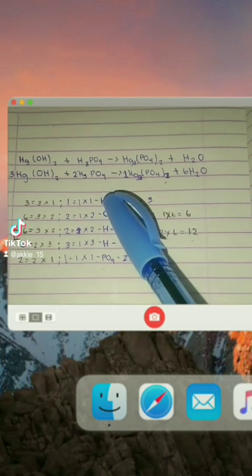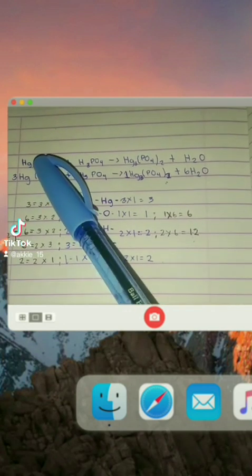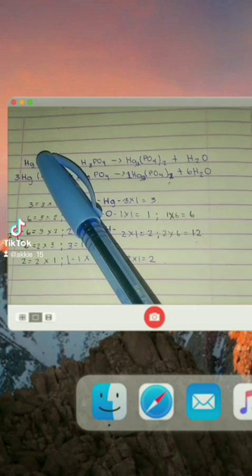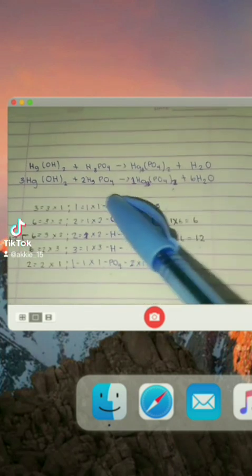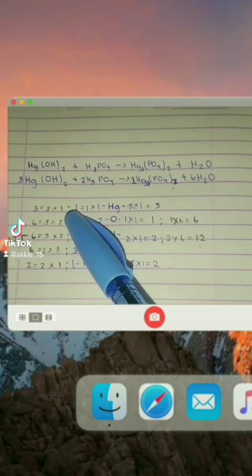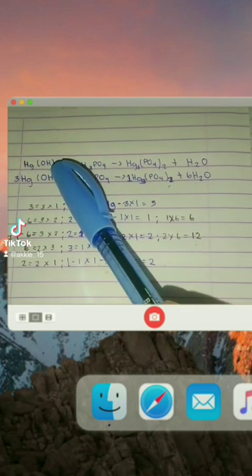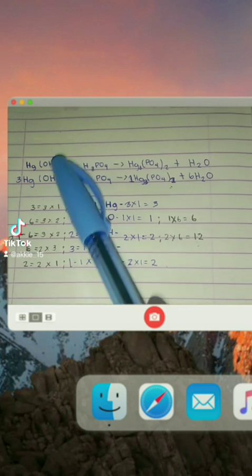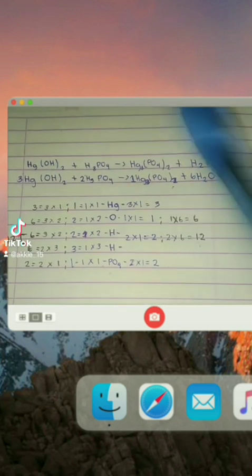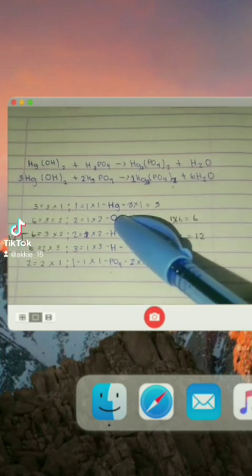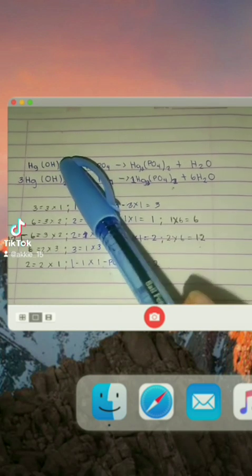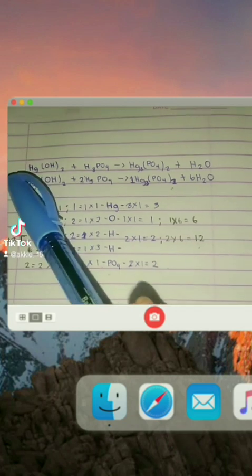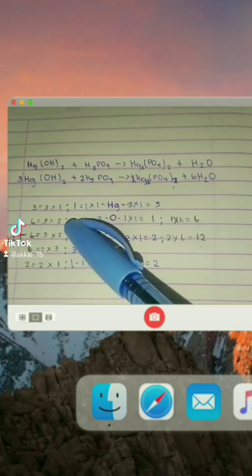Our Hg has an imaginary subscript of one if there's none, and a coefficient of one. So we have 1 times 1 equals 1. In our hydroxide, we have to separate the oxygen from the hydrogen. For oxygen, the subscript 2 will be distributed, so 2 times 1 coefficient equals 2.